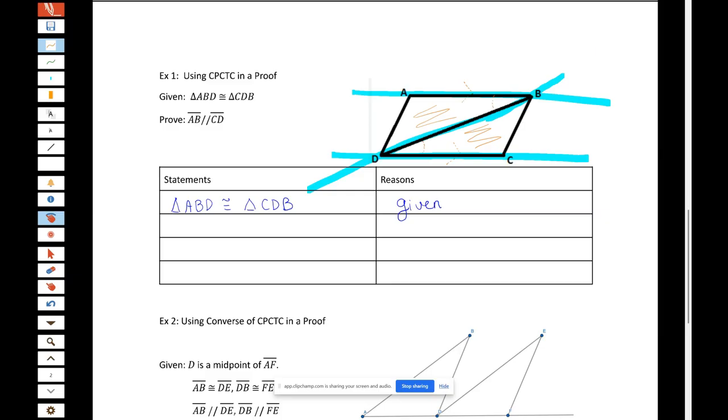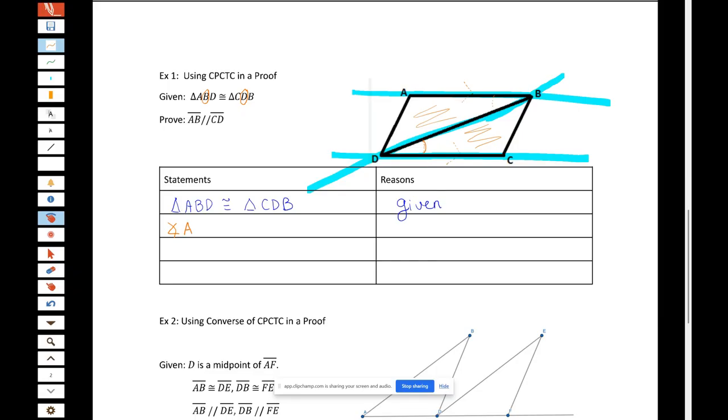I know that angle B in this triangle has to be congruent to angle D in this triangle because they are corresponding parts of congruent triangles. So I can say this angle here and this angle down here are congruent because they are corresponding parts in matching triangles. So I can't name it angle B though because there are three angles with vertex B.